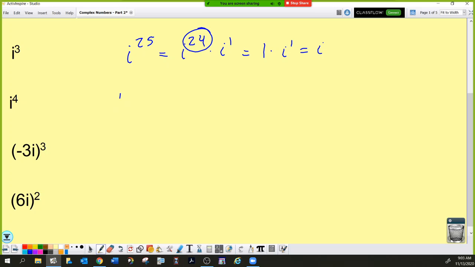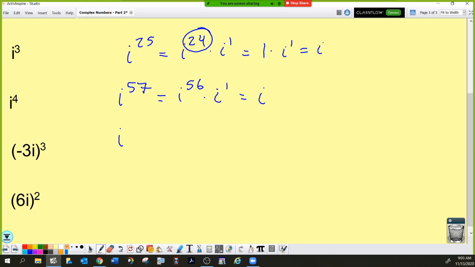So if I said i to the 57th, okay, well 4 doesn't go into 57. But you know what 4 does go into? It goes into 56. So this is also equal to i.